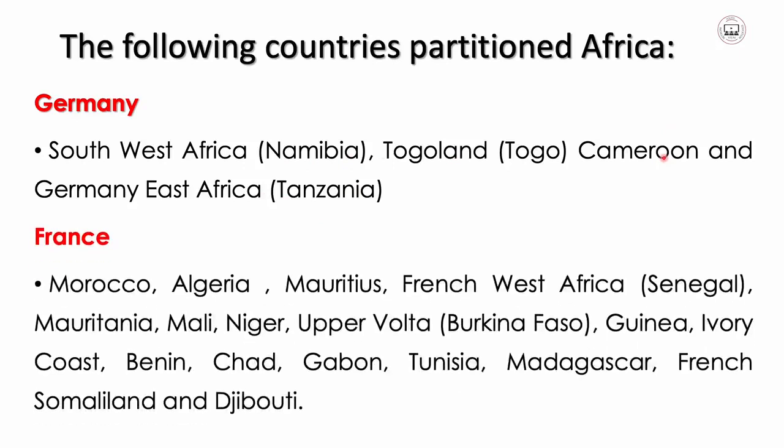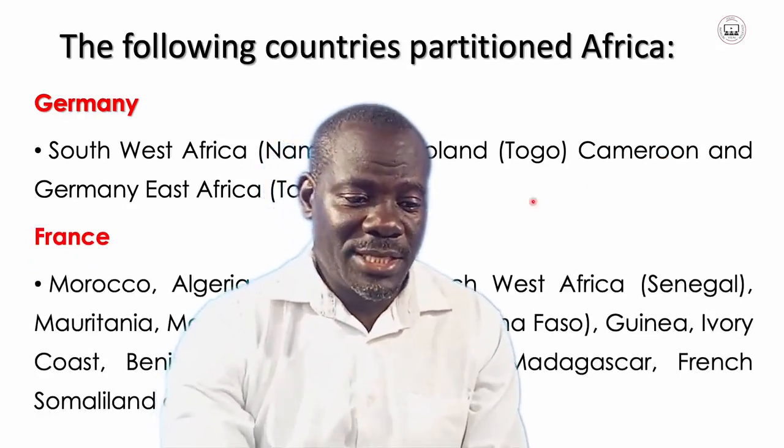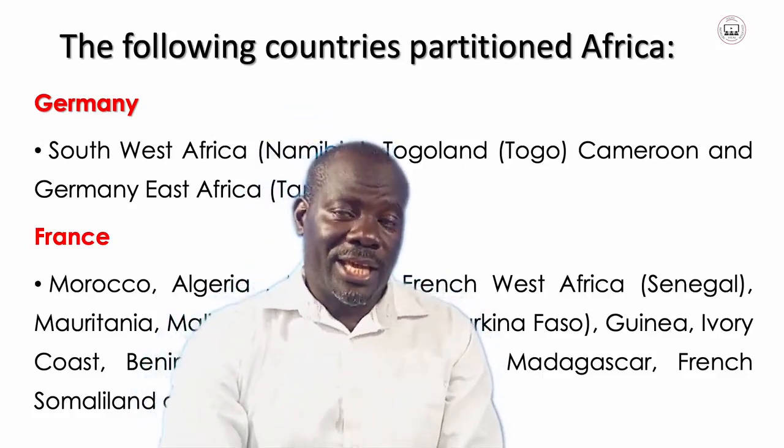What about France? France got a lot of territories. What were these? Morocco, Algeria, Mauritius, French West Africa, which is Senegal, Mauritania, Mali, Niger. Take note of this, Niger. This is not Nigeria. This is Niger. Can you pronounce that? Niger.